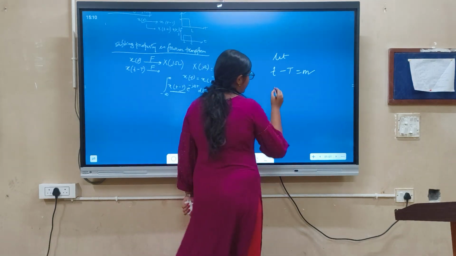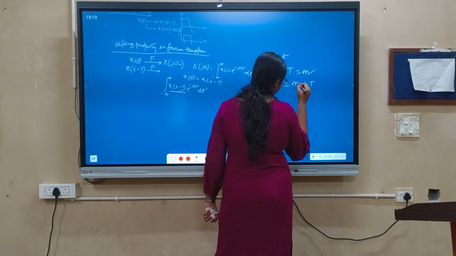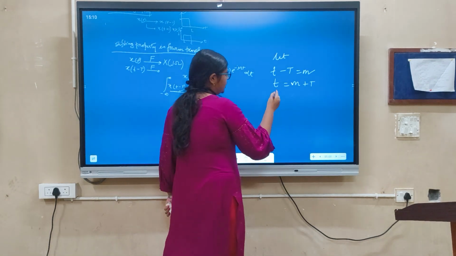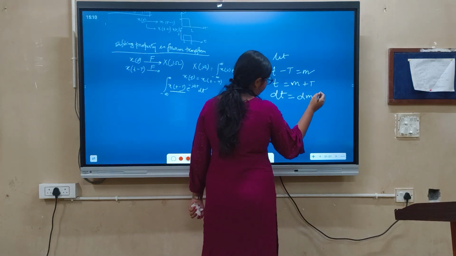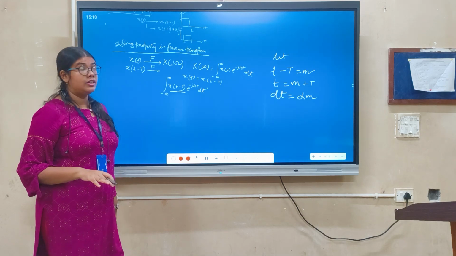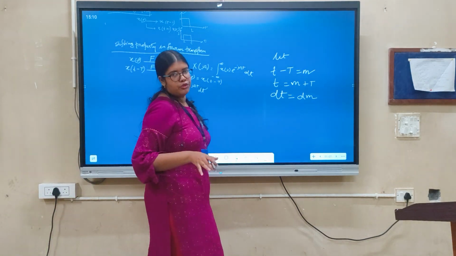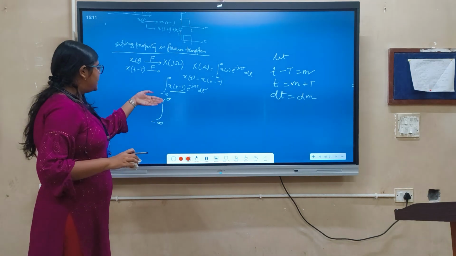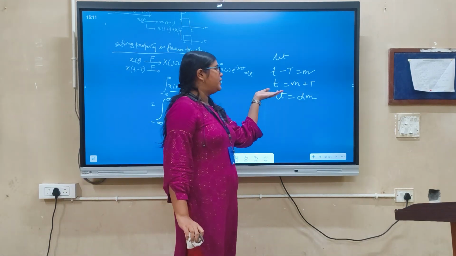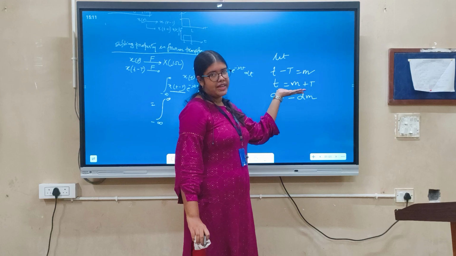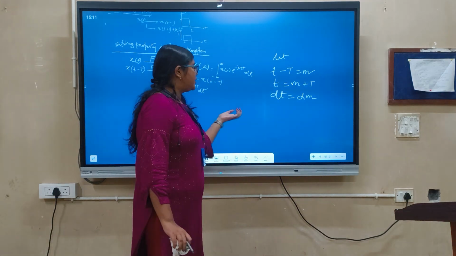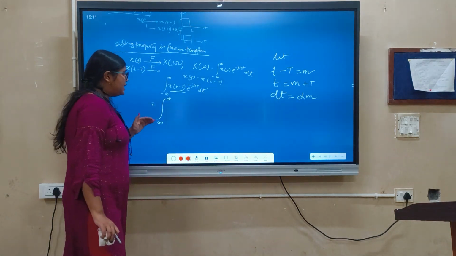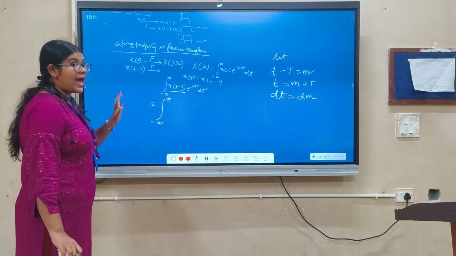If t minus T is equal to m, then small t is equal to m plus T. And differentiate both sides, so dt is equal to dm, because capital T is a constant, and the derivative of a constant is 0. We all know that. The limit is the same, because when t tends to minus infinity, m also tends to minus infinity, and when t tends to plus infinity, m tends to infinity. So the limits of the integration stay as they are.